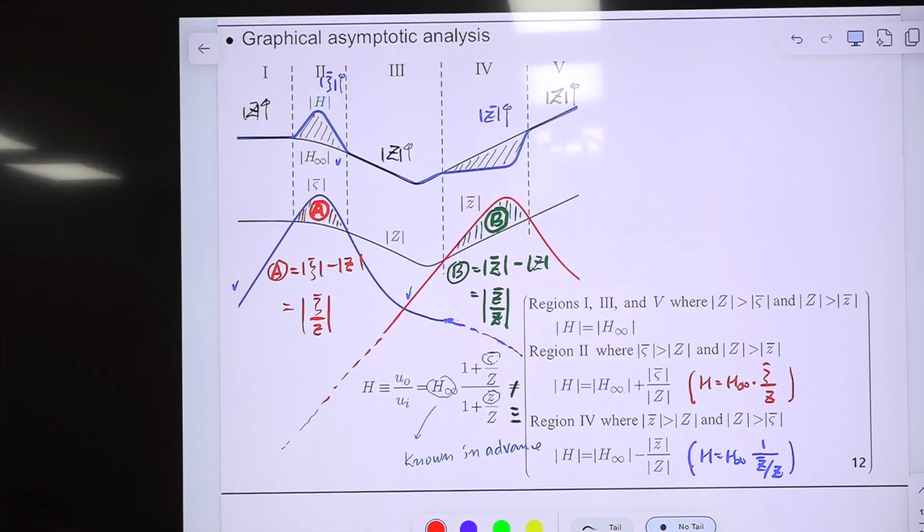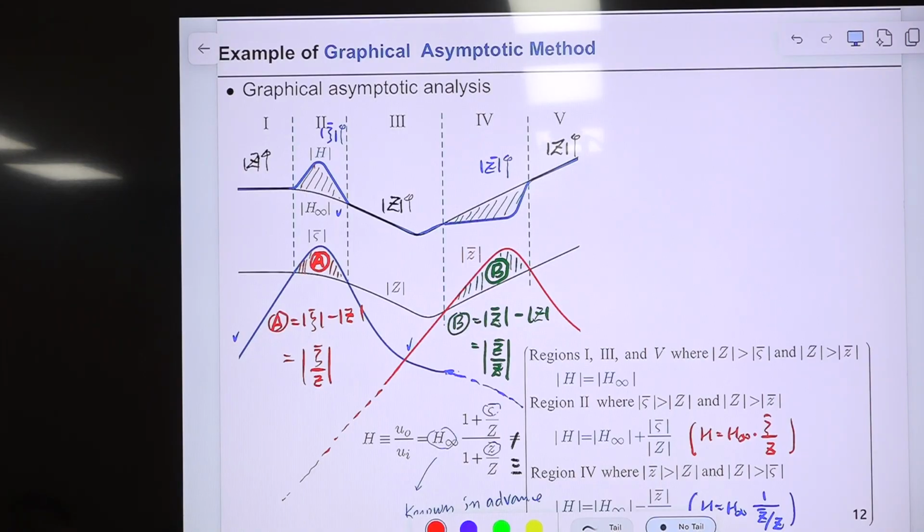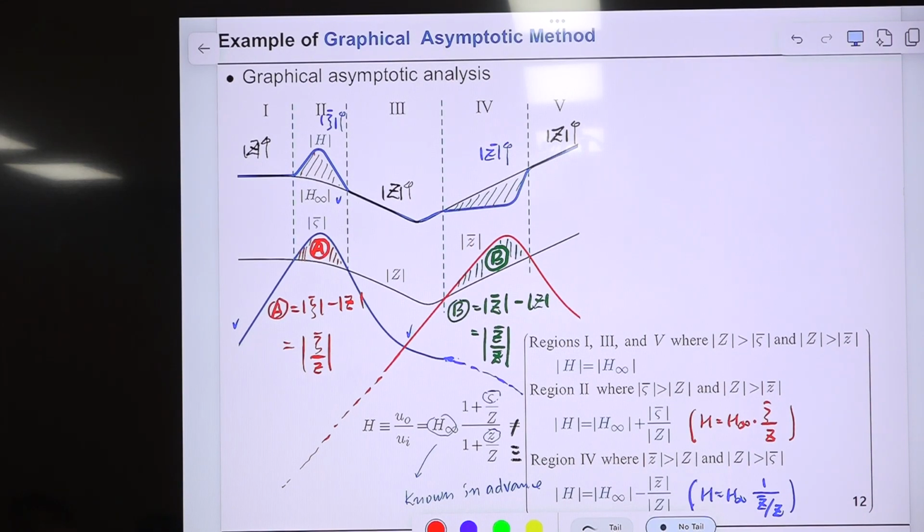This is a good example. This is a very good example, a genius example. Okay, let me explain this. You have something. So suppose this is the uncoupled converter.